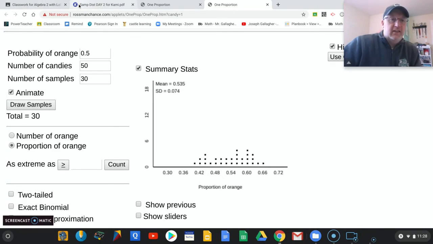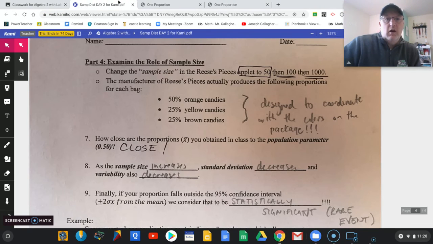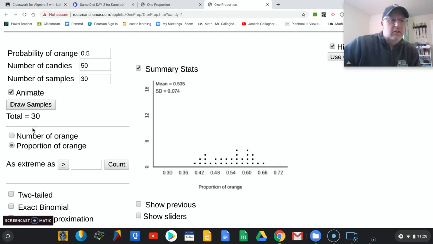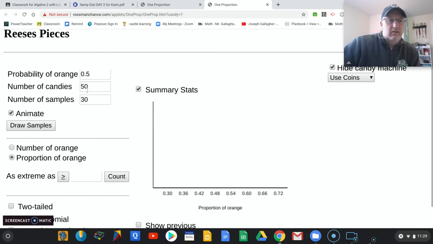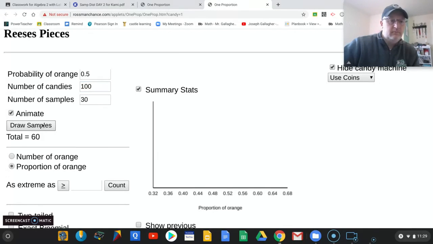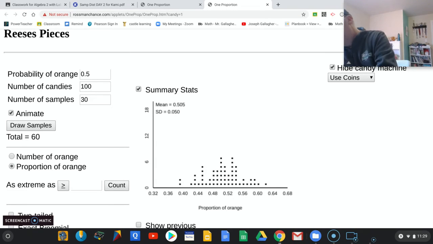I think the next thing they wanted me to do was do 100 and then 1,000. So I'm going to go ahead and reset this. I'm going to draw 100 candies this time. And you can see that my mean is 0.505.